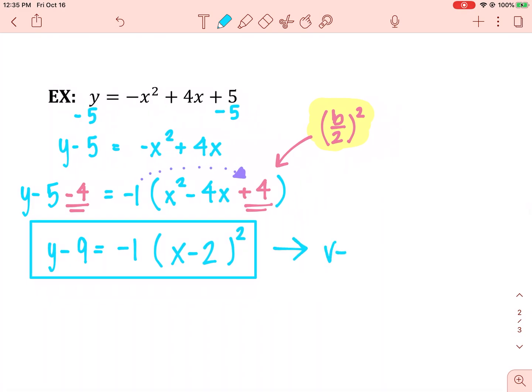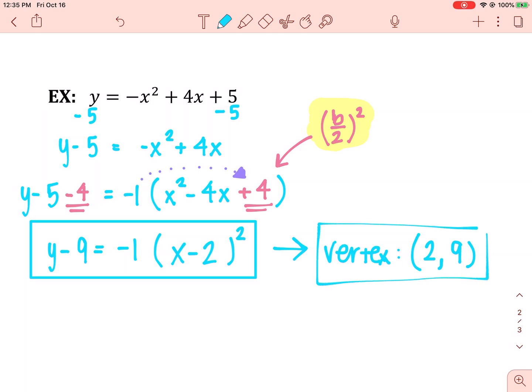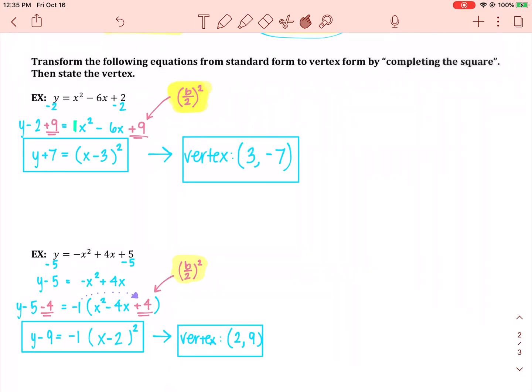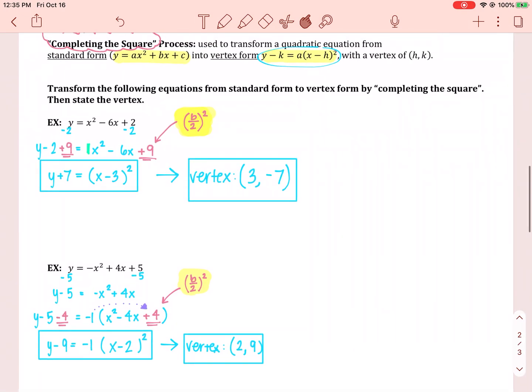Let's show what the vertex is. It's going to be the opposite of the negative 2, opposite of negative 9, and there's your vertex. In this case, if you look back up here, the a value is negative 1, and we'll talk more about what that's going to do soon.